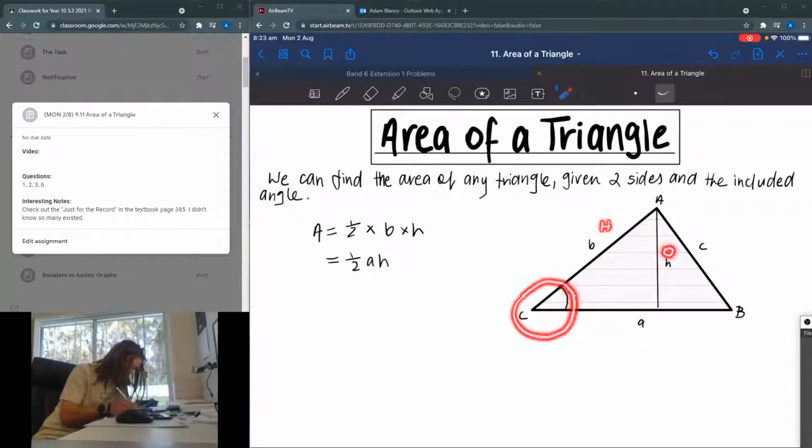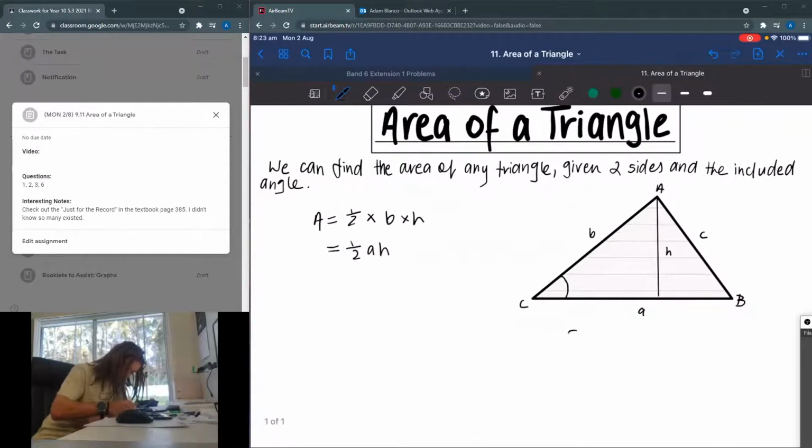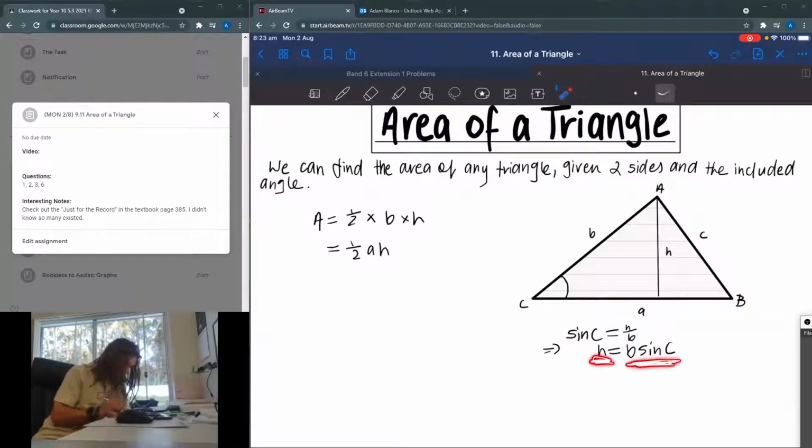So sine C equals H over B. Sine equals opposite over hypotenuse. I can rewrite this as H equals B sine C. All I did was grab this B and move it up here. Okay, now I've got H written in terms of B and C.